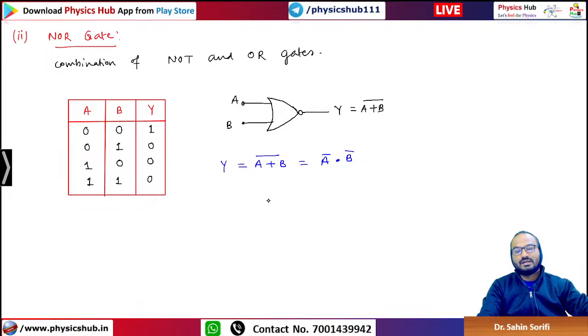So we can equivalently represent, let's say this is your A, this is your B. So the bubbled operation makes A complement and B complement. So it is like then their AND operation.